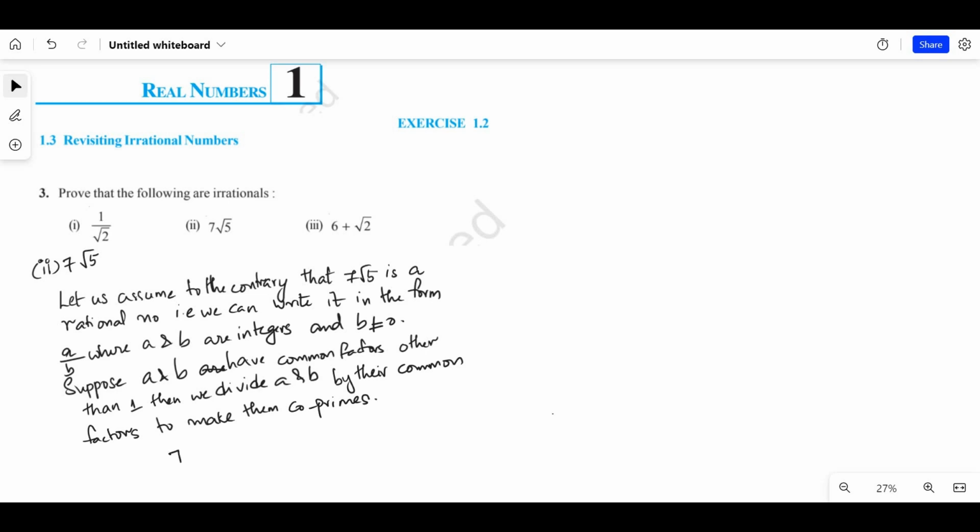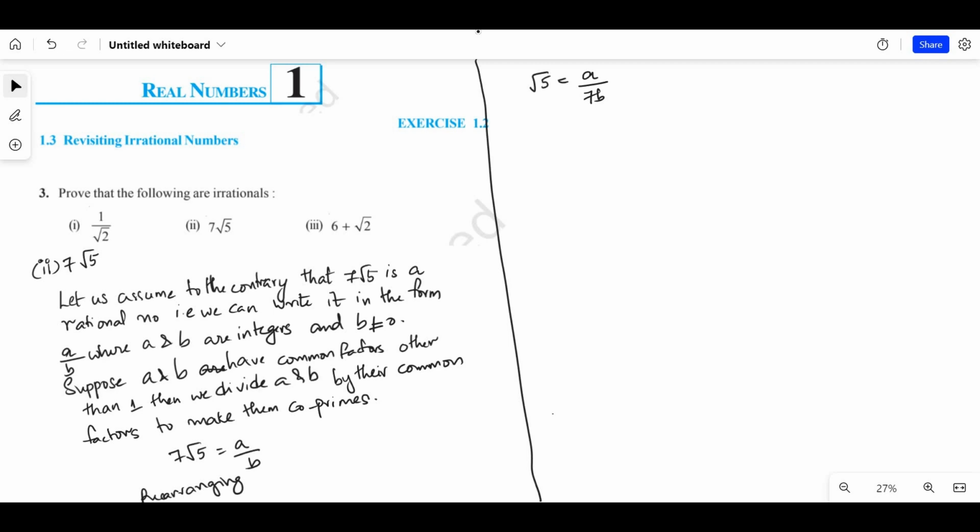So we can write 7 root 5 is equal to A by B. Rearranging we get root 5 is equal to A by 7B.